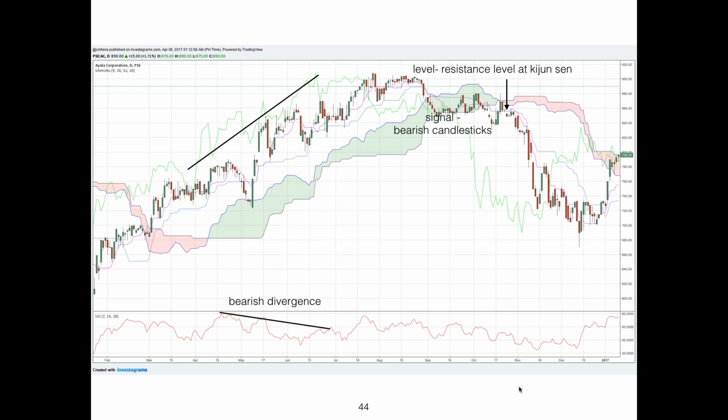The signal is a set of bearish candlesticks that failed to break the Kijun Sen to the upside. The trigger is the long red candlestick that confirmed that price resistance is going to be strong. So if you were shorting this market, you could hold on to your position until you find a reversal signal.